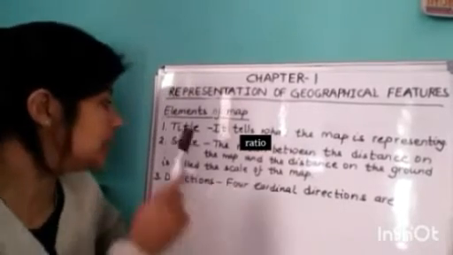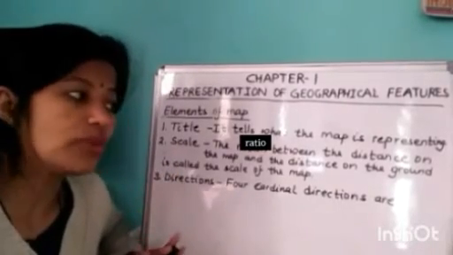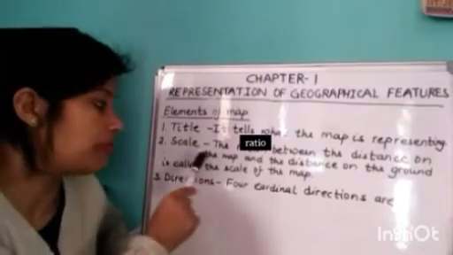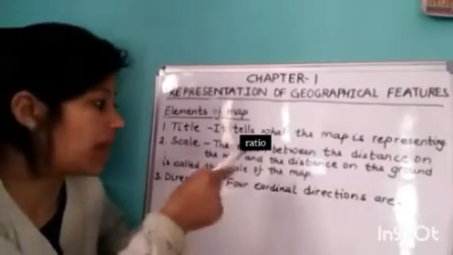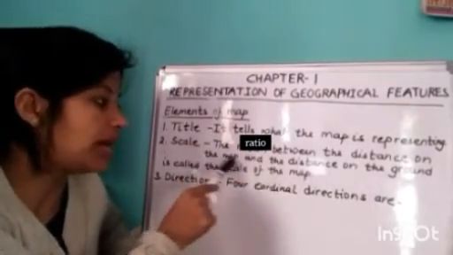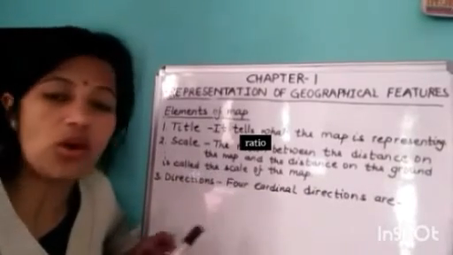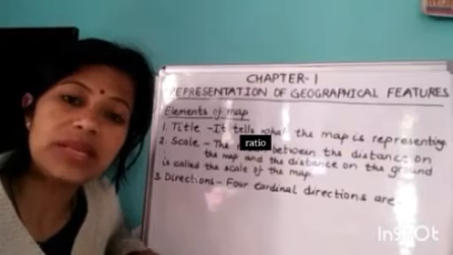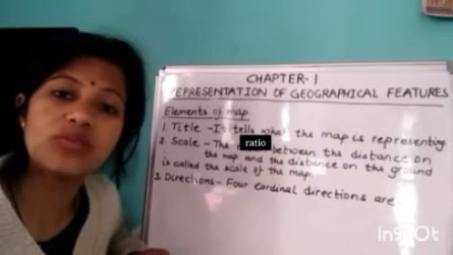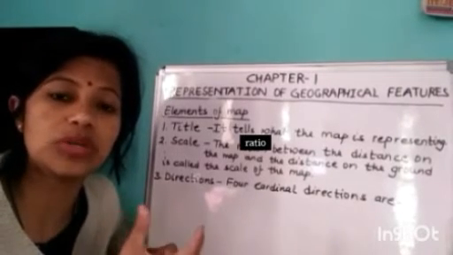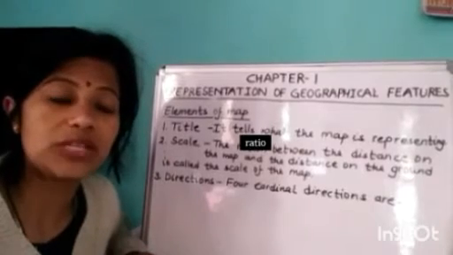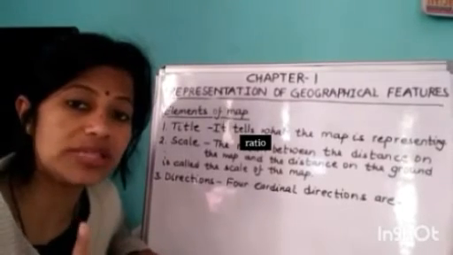Number 2, scale. The ratio between the distance on the map and the distance on the ground is called the scale of the map. For example, the distance on the map is 1 centimeter from one place to another, but the actual distance is not 1 centimeter.